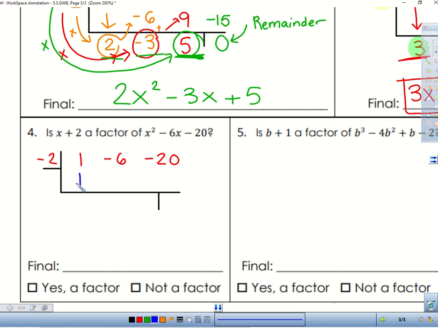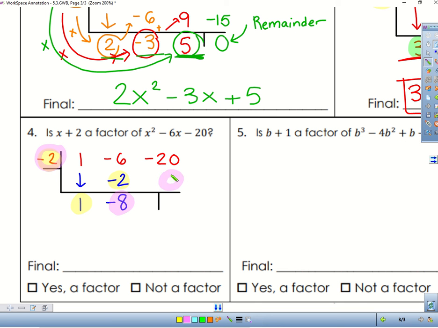We're going to bring down the 1. We're going to multiply -2 times 1, which is what? Good. We're going to combine, which comes out to be? -8. We're going to multiply. What do we get? Positive 16. What happens when we combine -20 and 16?